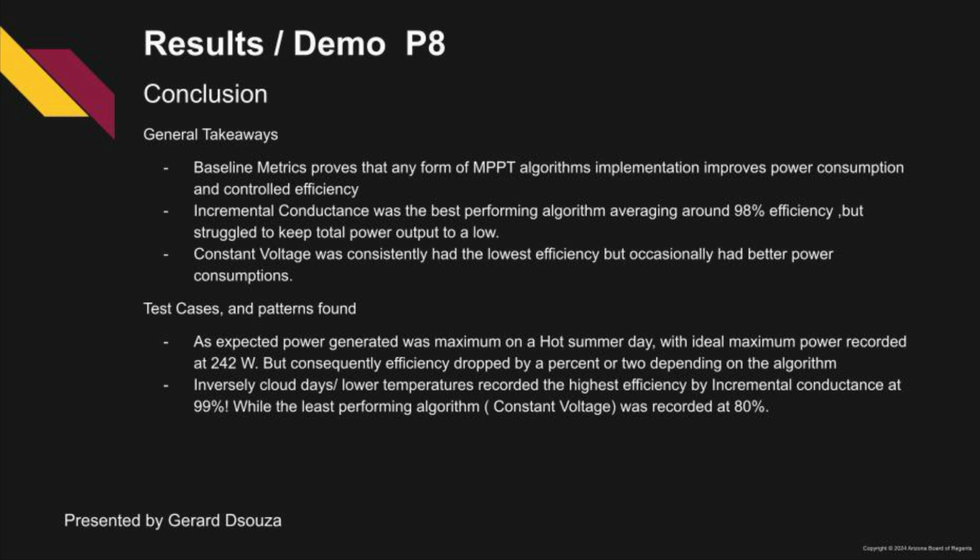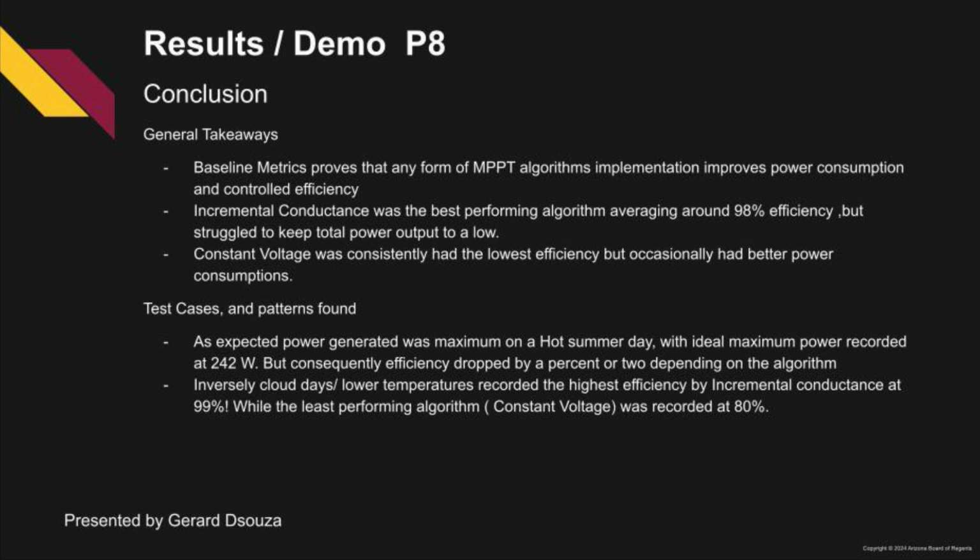The patterns found with our test cases were, as expected, on a hot summer day we saw the most power generated, at 239 watts and 242 watts, but consequently efficiency dropped 2 to 3% as you change test cases to the extremities, depending on the algorithm you're running. Inversely, cloudy days and low temperatures recorded the highest efficiency.